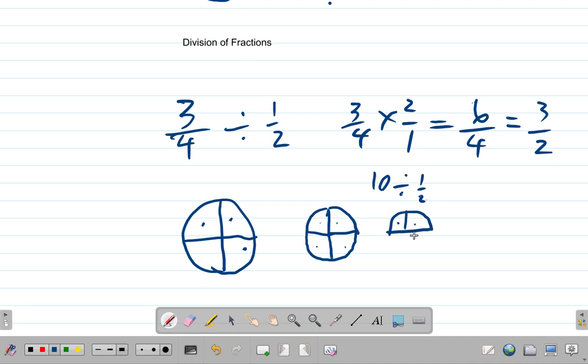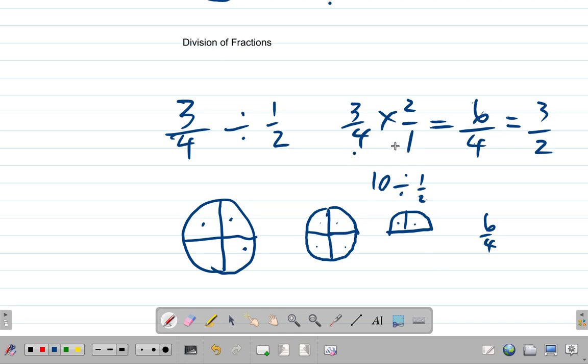Now if you have 6/4, same thing as this. This is what you have: 3/4 divided by half means 3/4 times 2, that is 6/4. So you see that?